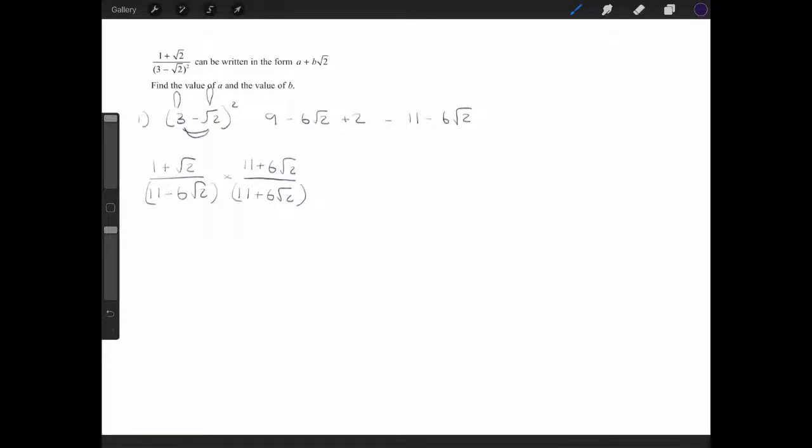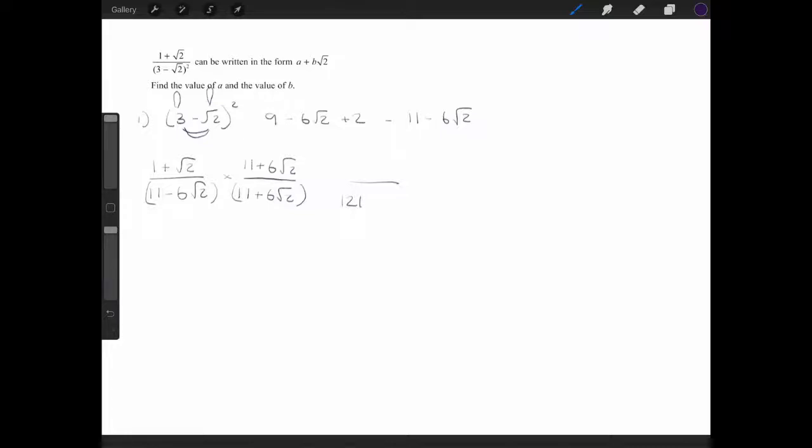So I look at the first bit and you can see that I'm going to end up with 121 plus 66 root 2 minus 66 root 2, because of course with difference of 2 squares those bits go.